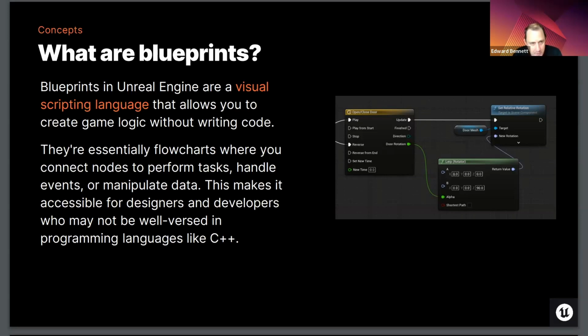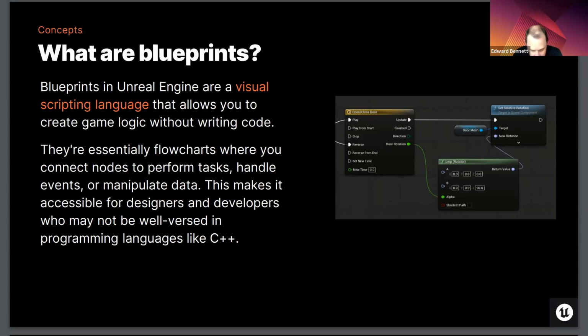Now, this is where blueprints comes in. What blueprints originally did was take small fractions of code and provide a visual interface that level designers and the more creative types could find easier to understand, which would allow them to bolt together some functionality. Now, this started out like that.